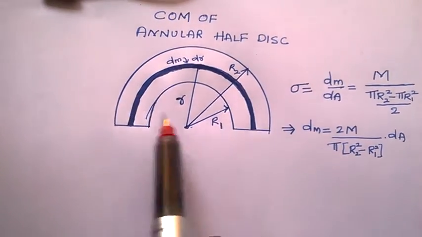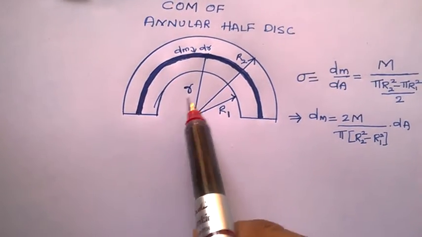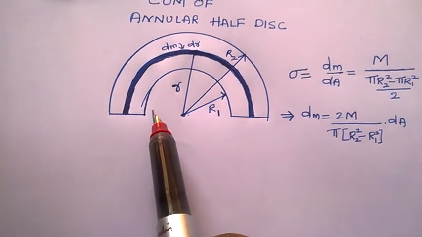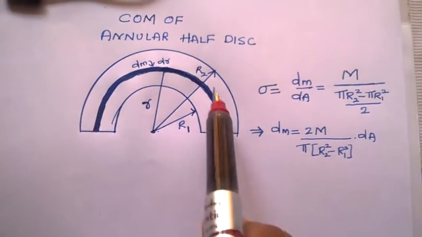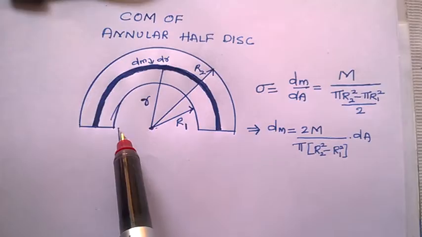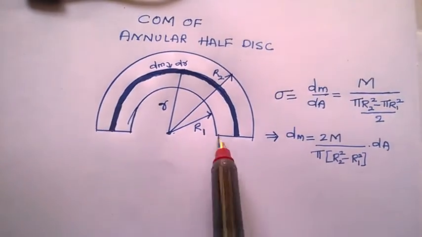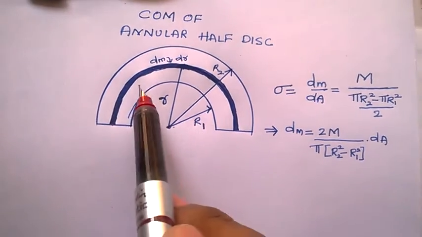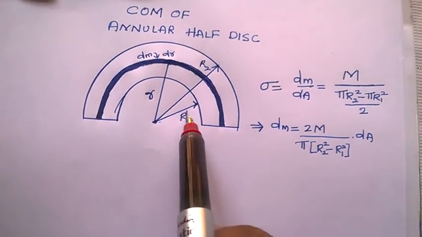So the area of this annular half disk is pi R2 square by 2 minus pi R1 square by 2, because there is no mass in this empty part and there is only mass spread over here. So pi R2 square by 2 will give you the area of the half circle, but I want only this area, so I will subtract the area of the semicircle of radius R1.